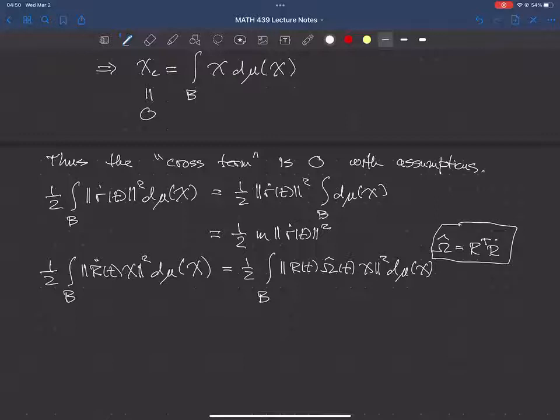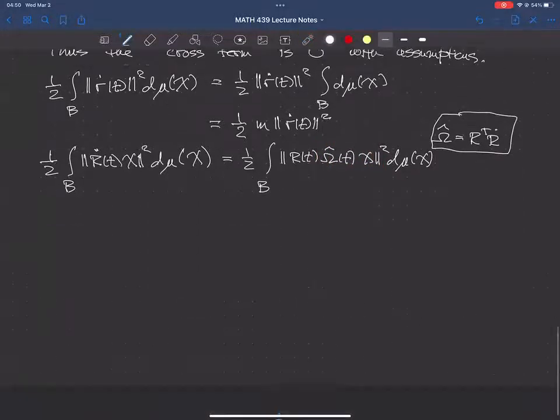Now, let's think about what this is. Okay, so this is R, which is in SO3, so it's an orthogonal matrix, times this vector. Let's just sort of lump this all as a single vector.